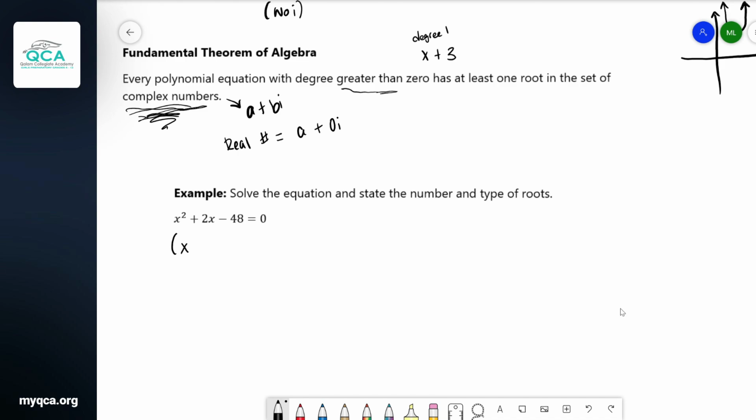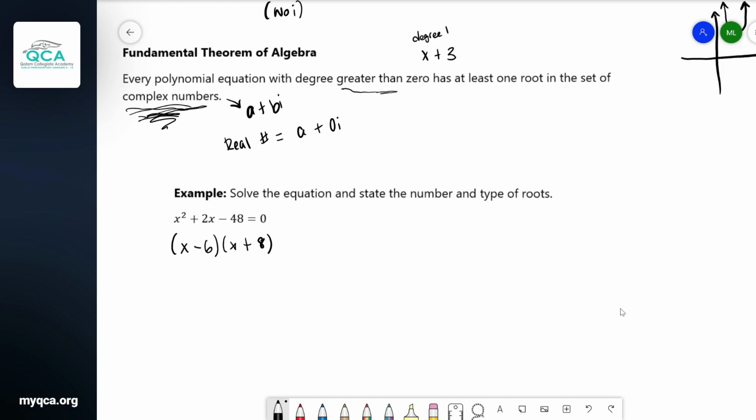So it's x minus 6 times x plus 8, because 6 times 8 is 48, and if you subtract them, you'll get 2. You have to keep this one negative, so you get the negative 48 right here. So again, this is factoring. I'm going fast through it because this is something we've looked at before.